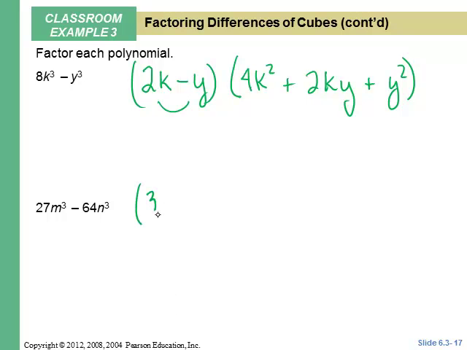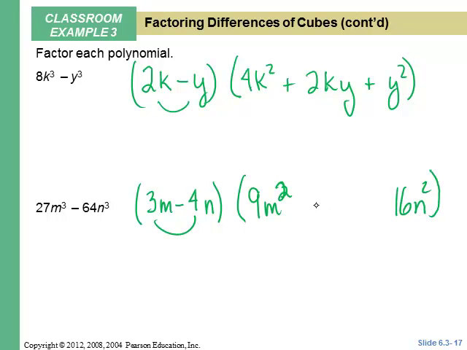Cube root of the first term, copy the sign, cube root of the second term, square the first term, square the last term, multiply these two together, and we have exactly one negative sign.